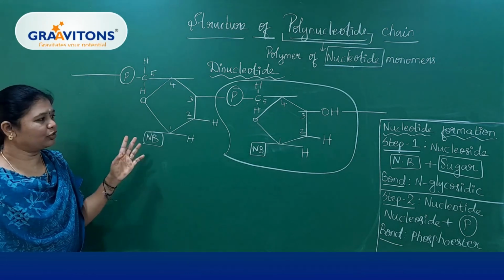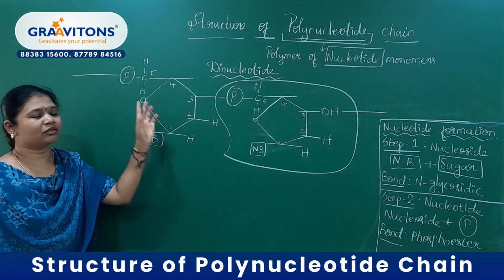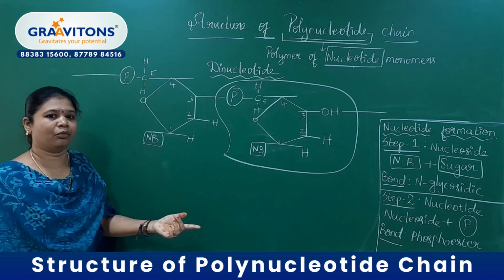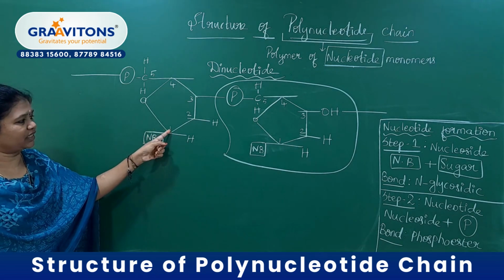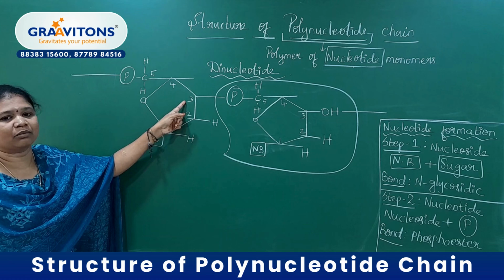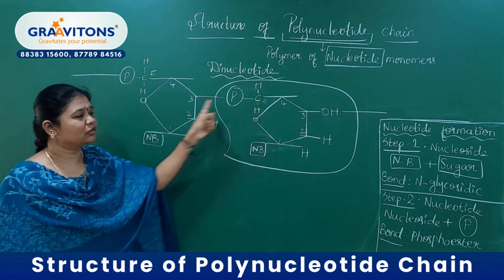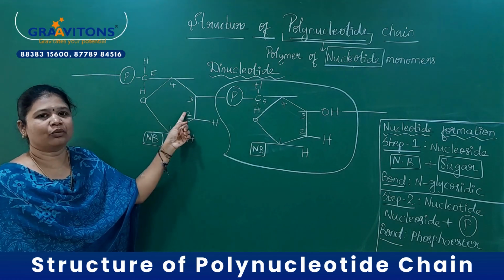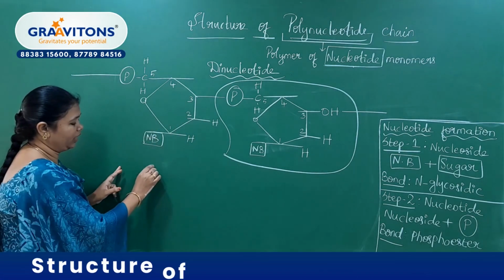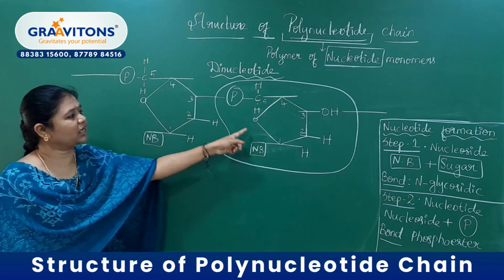In order to form a dinucleotide, this bond formation is again very important. Listen here: this is the first carbon, second carbon and third carbon. This is the linkage. The 3 prime of the first nucleotide links to the 5 prime, the fifth carbon position, of the second nucleotide.